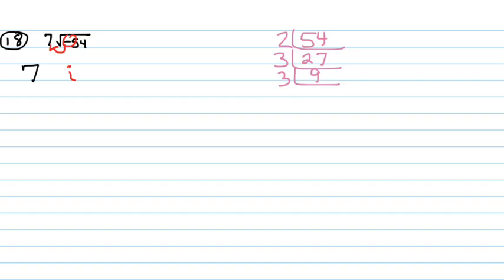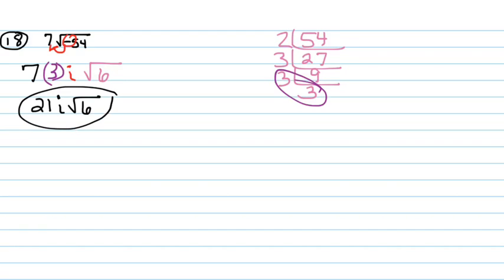Divide that by 3, gives me 3. So I have a set of 3's that can come out. And I have a 6 left behind. And so I simplify that out, and I have 21i times the square root of 6.